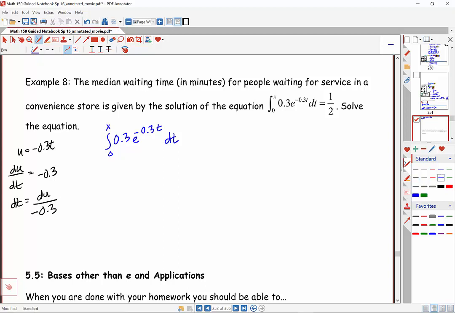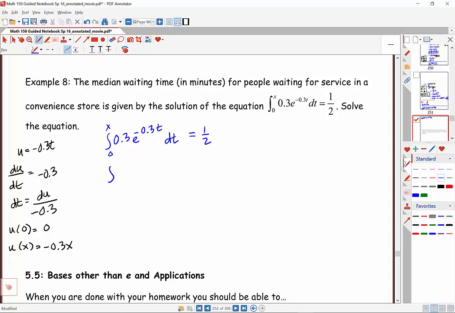And this is going to be equal to 1/2. We have to find the limits. Let me do the lower limit first: u at 0 is going to be 0, and u at x is going to be negative 0.3x. So now we have everything we need.